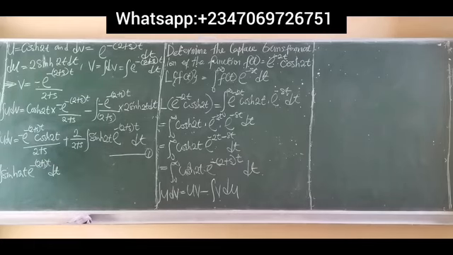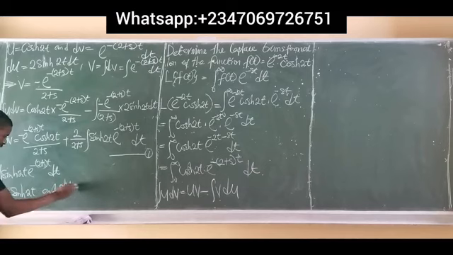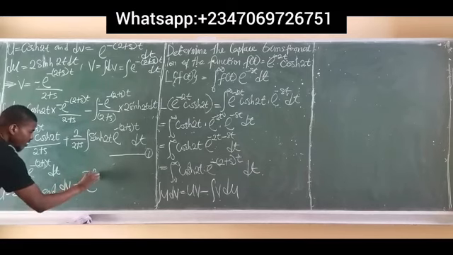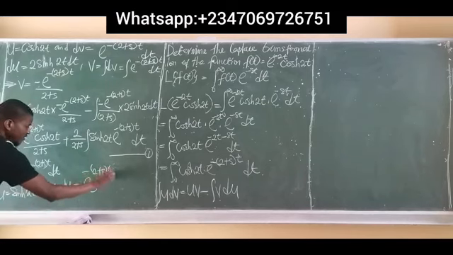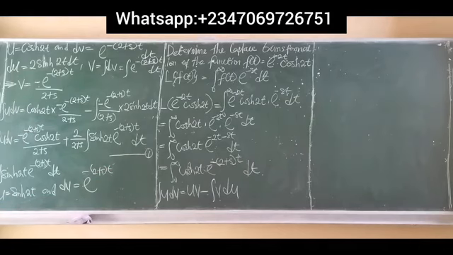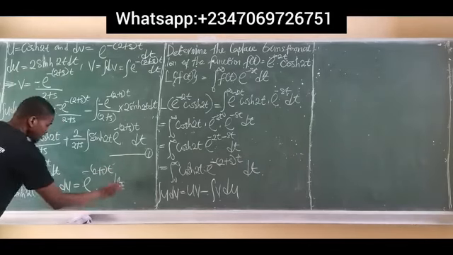The same principle holds, since they are a product. We say let u be sine 2t always, and dv remains the exponential function. Dv equals exponential minus 2 plus s multiplied by t times dt.